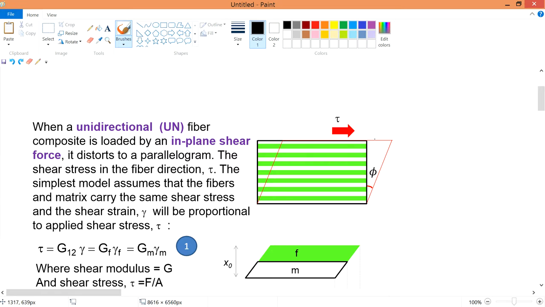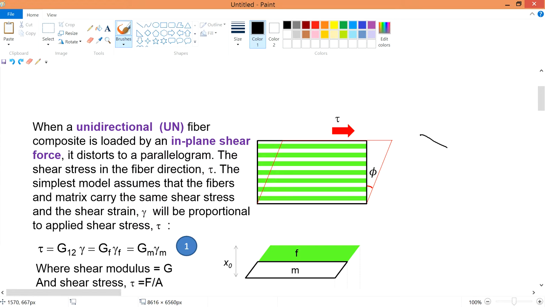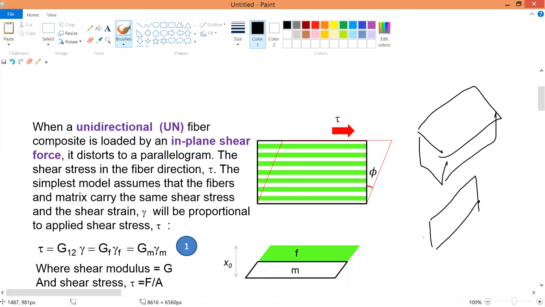So you're looking now at the top view. I'm looking at this side, so I'm actually looking downwards in this picture. If you have a shearing, this whole thing is going to shear. At first it was like this, and after you shear, it may be something like this.